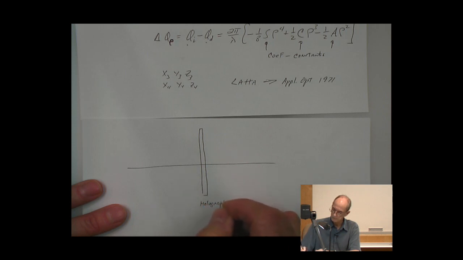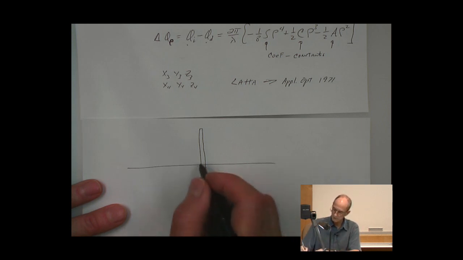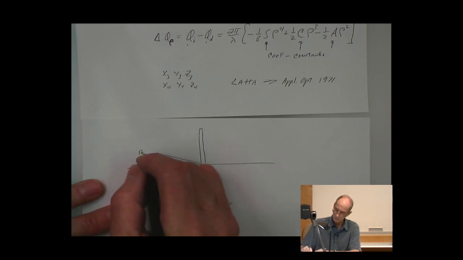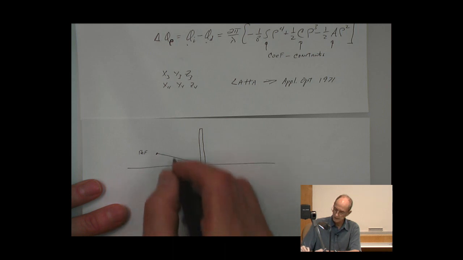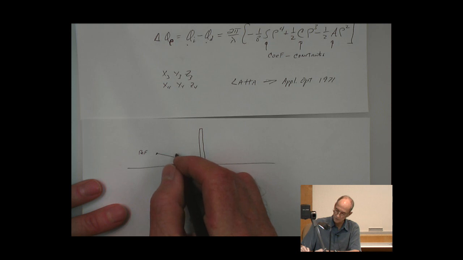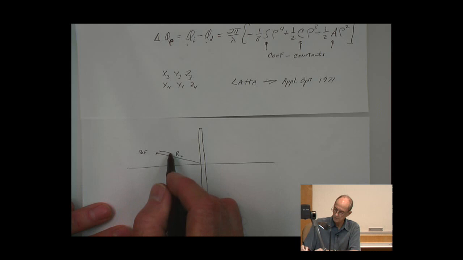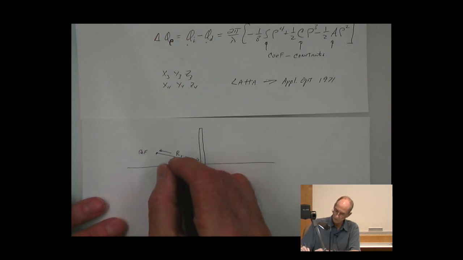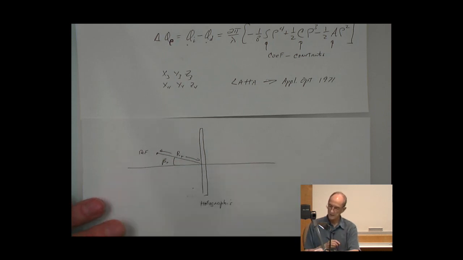So, say we have this holographic lens. Here might be the reference point out here, and this is now described in terms of a radial term, r sub r, which is equal to the length of this distance that we have here, and an angle beta sub r relative to the axis.